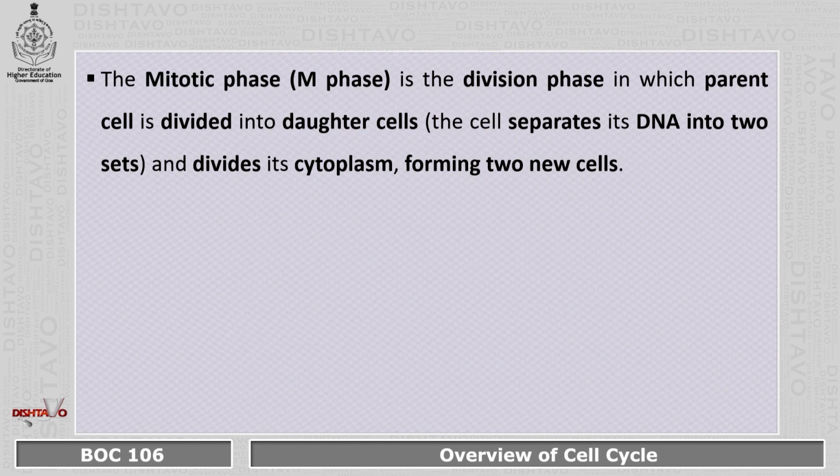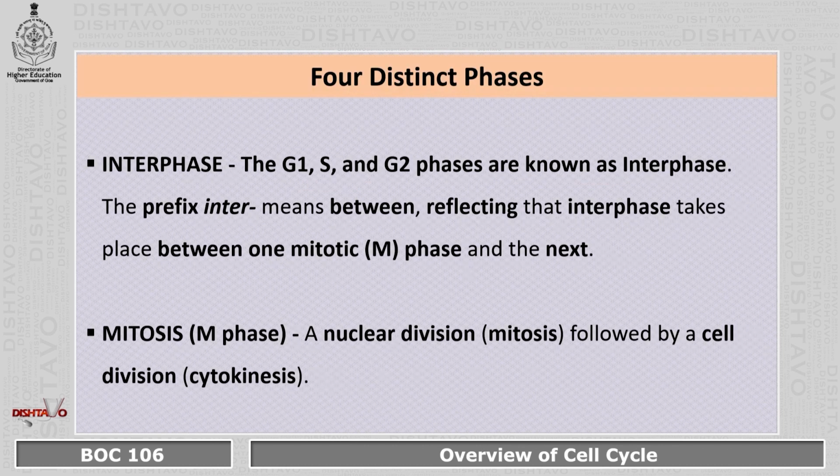Mitotic phase or M phase is the division phase in which the parent cell is divided into two daughter cells. Here, the cell separates its DNA into two sets and divides its cytoplasm, forming two new cells. There are four distinct phases: the G1, S and G2 phases, which are known as the interphase phases.